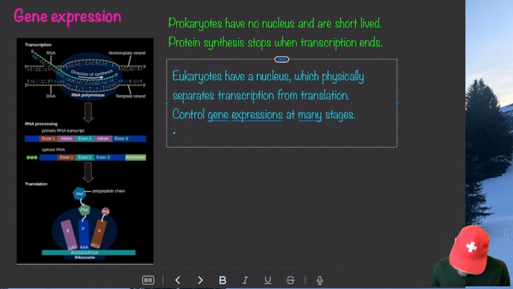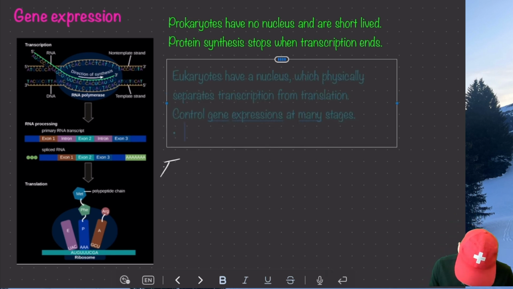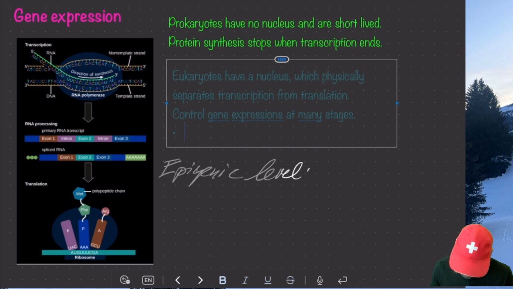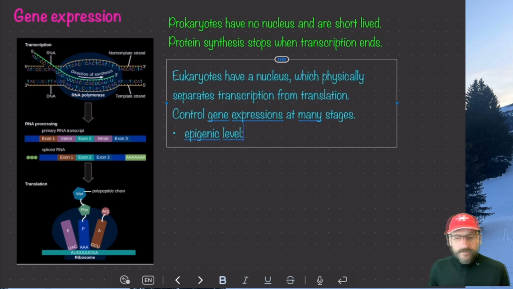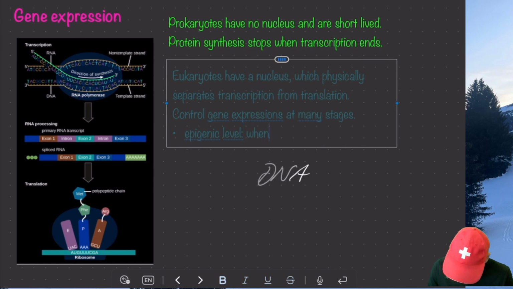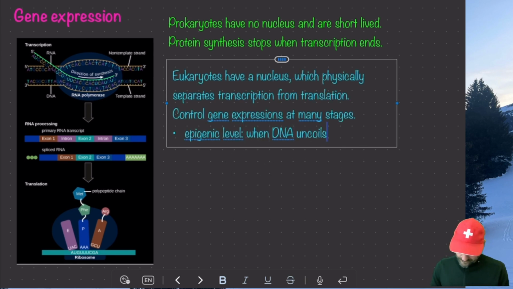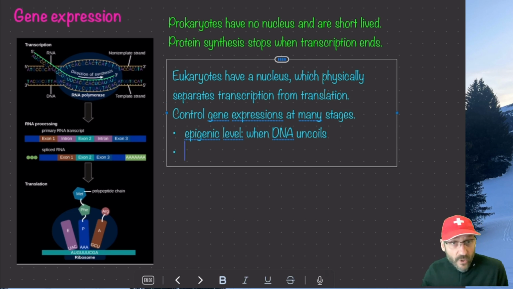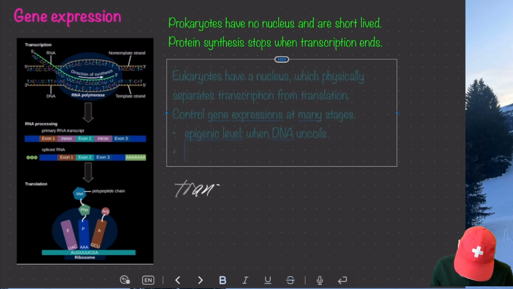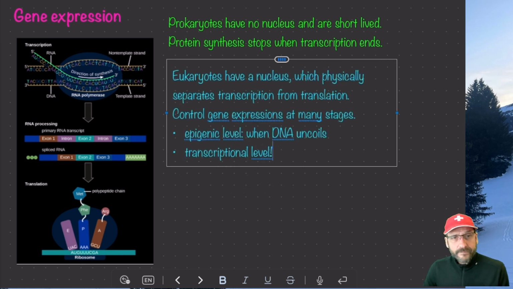We have control at the epigenetic level, which is when the DNA uncoils. Then we can also have control at the transcriptional level, which is when the DNA gets copied into an mRNA.